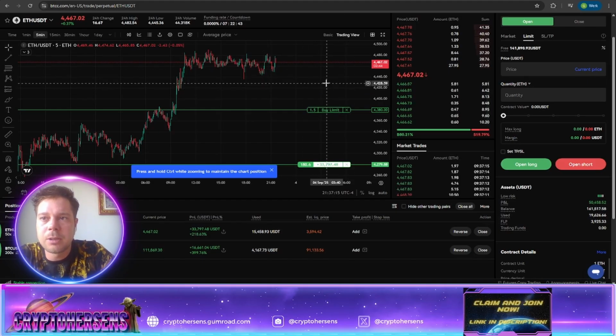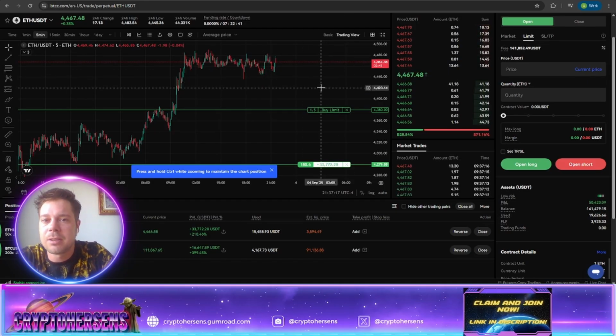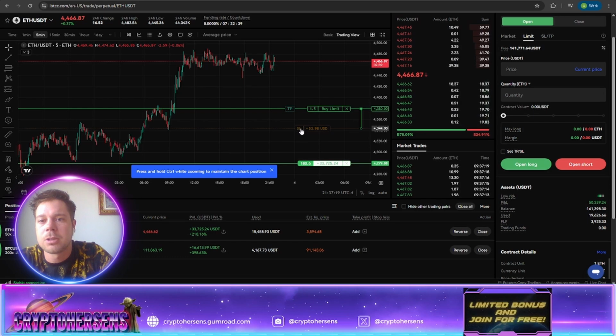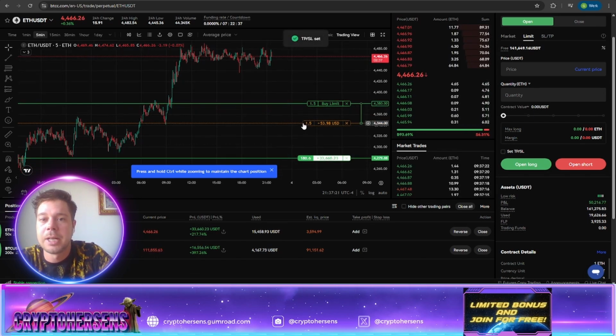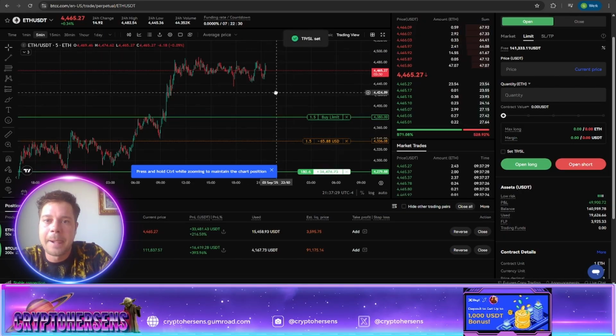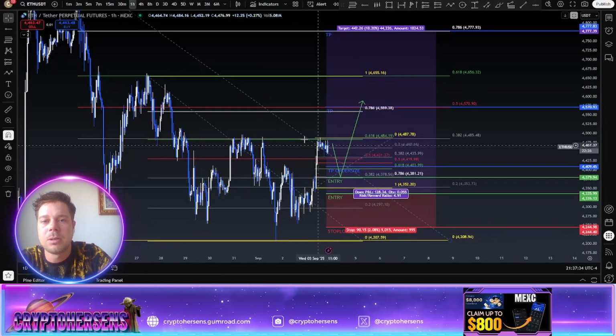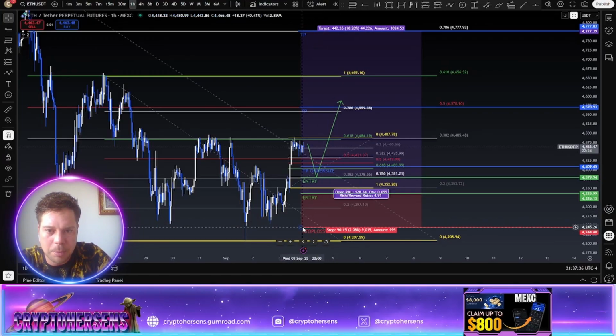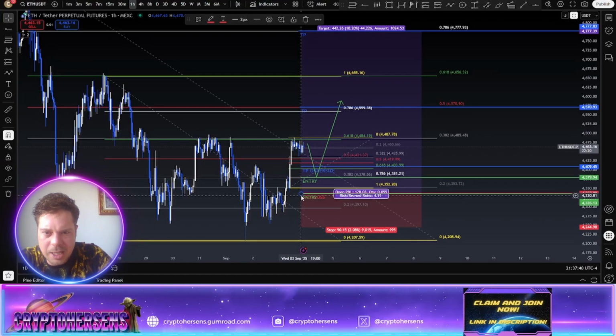The cool thing about BTCC is that you can easily drag stop loss orders, right? So you can see immediately what your current loss is once you get stopped out, and you can also put a take profit. In this case, we didn't have a stop loss, so let's put our stop loss at break even. The thing is a little bit lower because we have this pool of liquidity here.